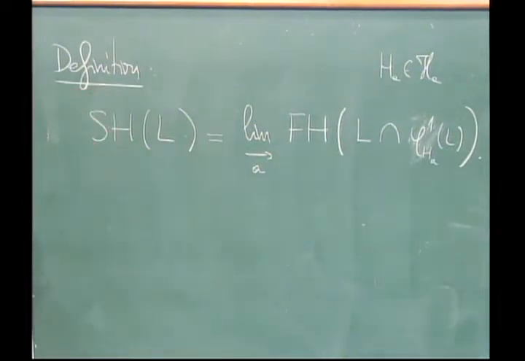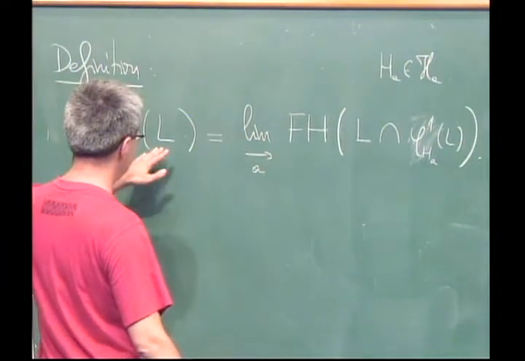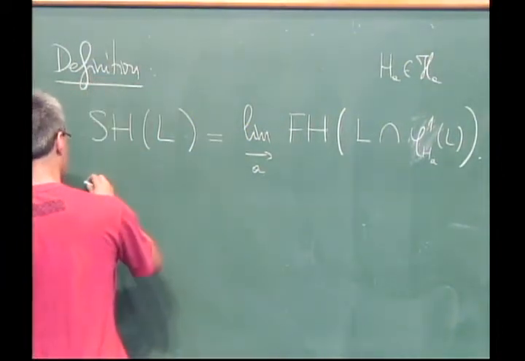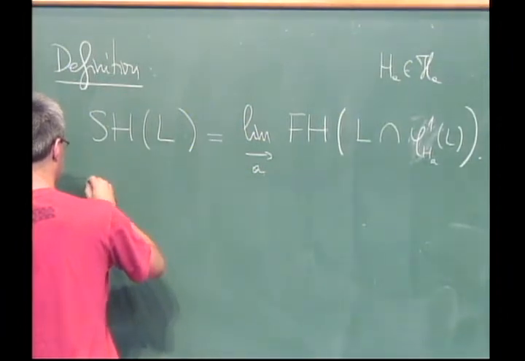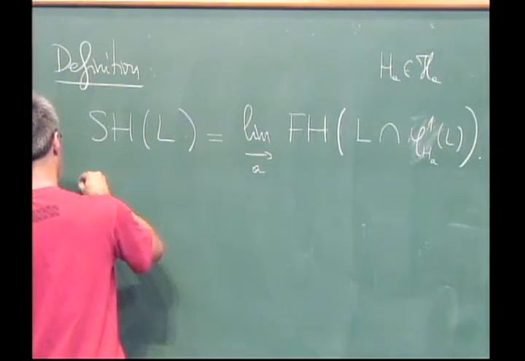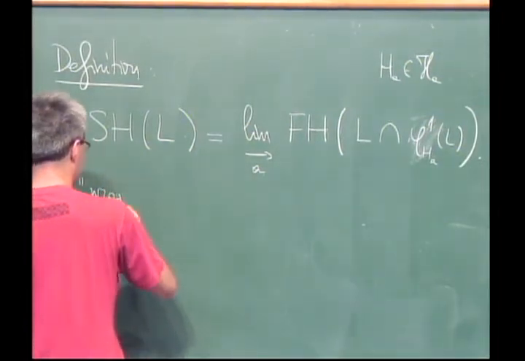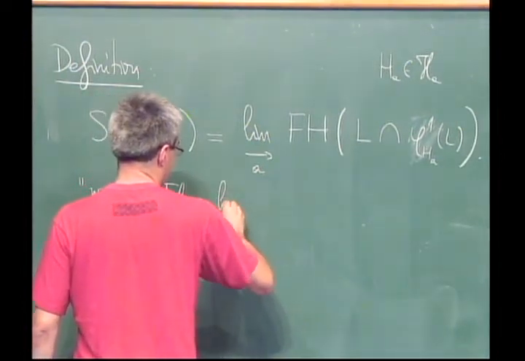So let's see what I have done here. Let me give this gadget a name. You can call it as you wish, but people usually call it wrapped Floer homology.